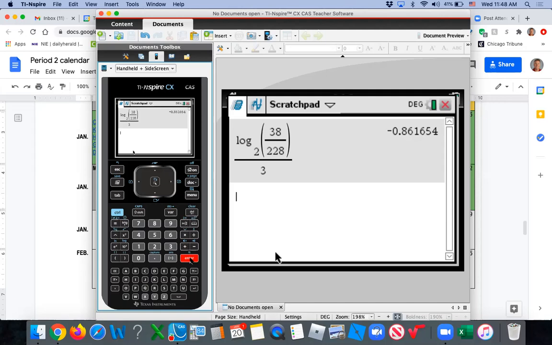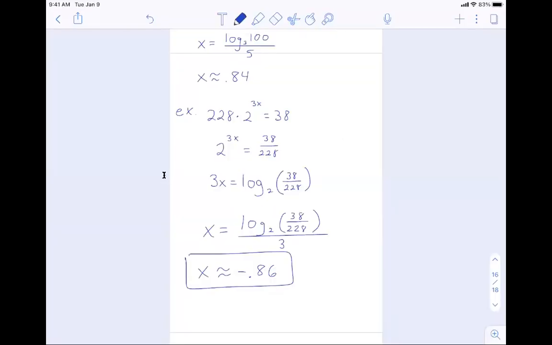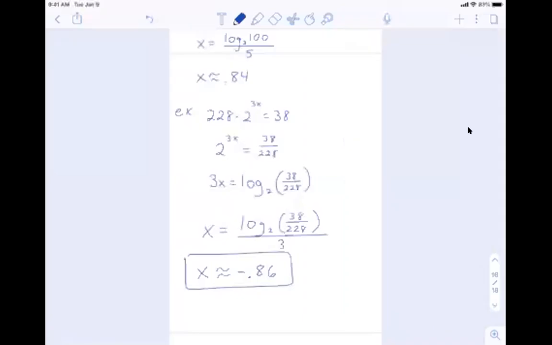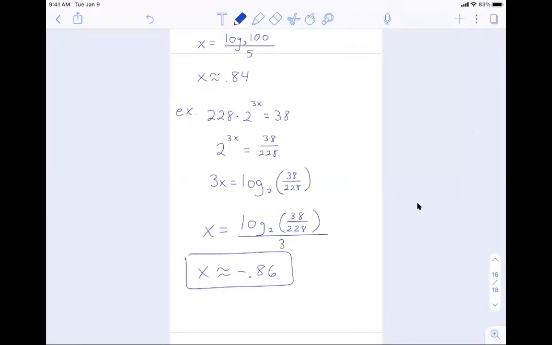So it's kind of an algebraically extensive problem, but doable with the rules that we have. All right, any questions yet? I got one more before I'm going to do a word problem with this.